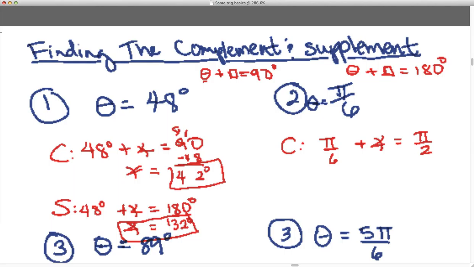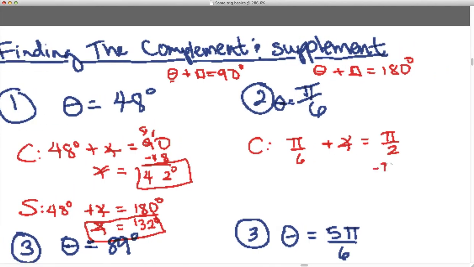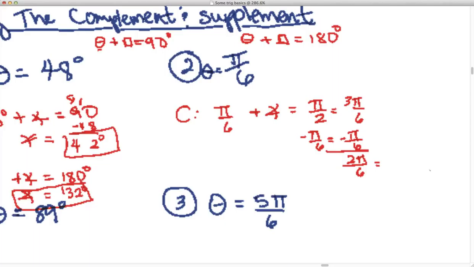So if we subtract pi over 6 from both sides, we would need a common denominator of 6, so 3 times the bottom, so we would do 3 times the top as well, minus pi over 6, and you'd get 2 pi over 6, or pi over 3. Or you could have just said, well, that's 30 degrees, and 30 plus 60 gives me 90. Whatever makes you happy. If you have to show your work in radians, that's how you would do it.